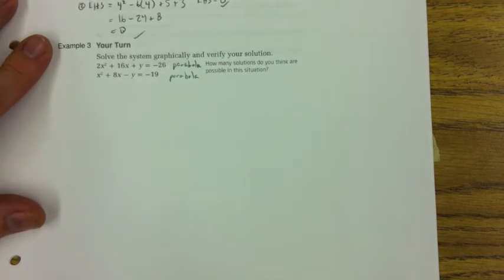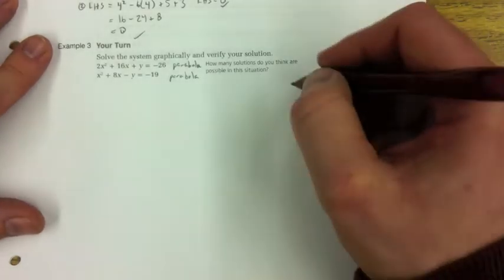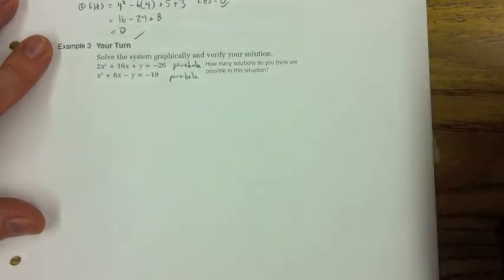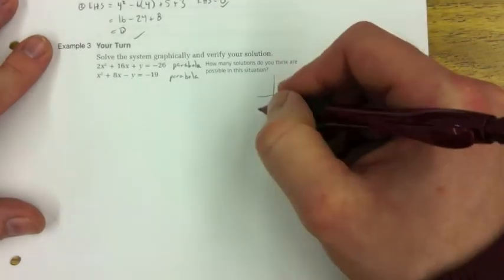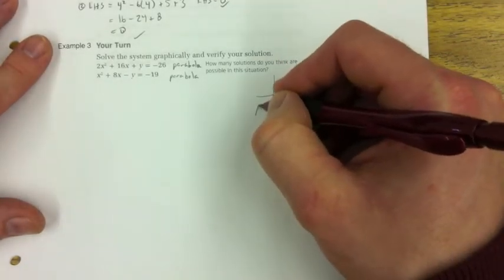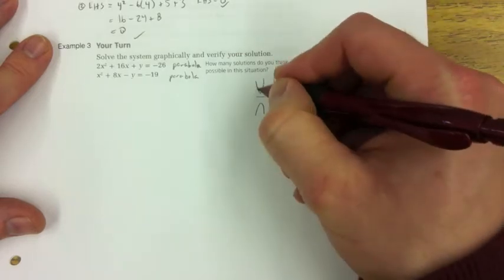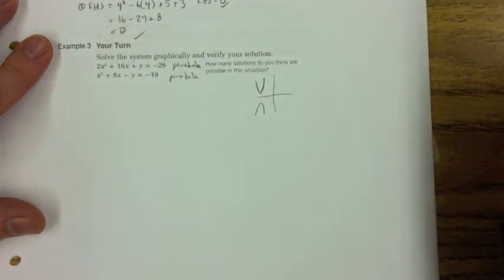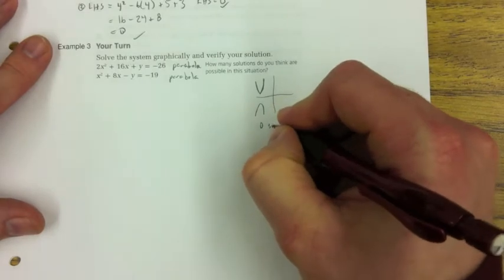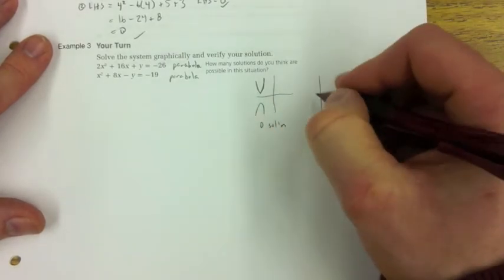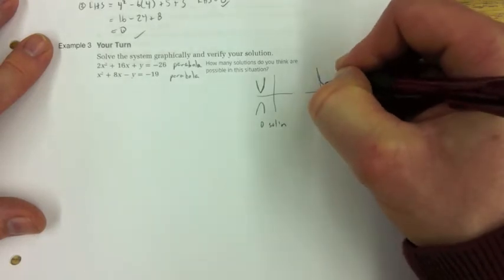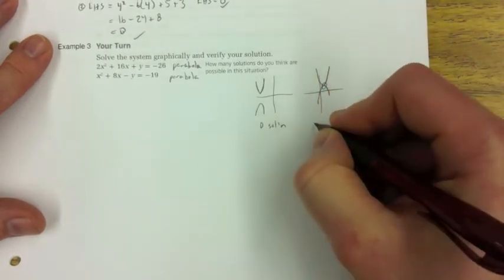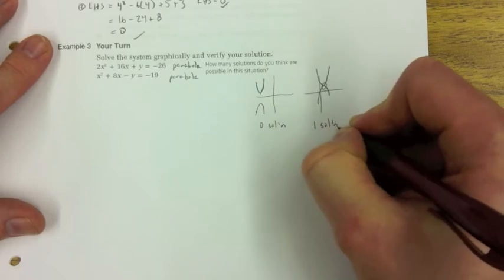Alright, how many possible solutions do you think are possible? Well, when you have two parabolas, since we don't know what they look like right now, maybe one looks like that and one looks like that. They could be two parabolas that don't cross, so there could be 0 solutions. They could be two parabolas that just cross each other in one spot, and you could have one solution.